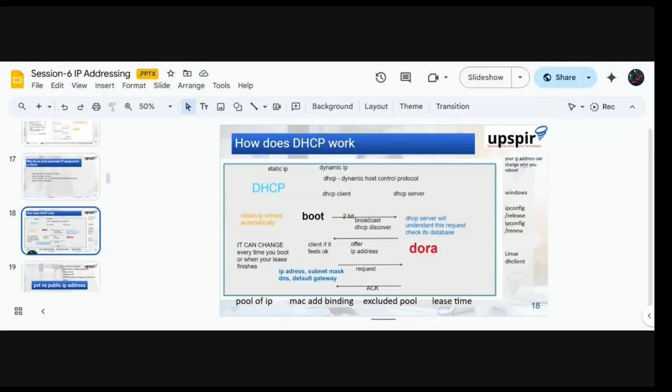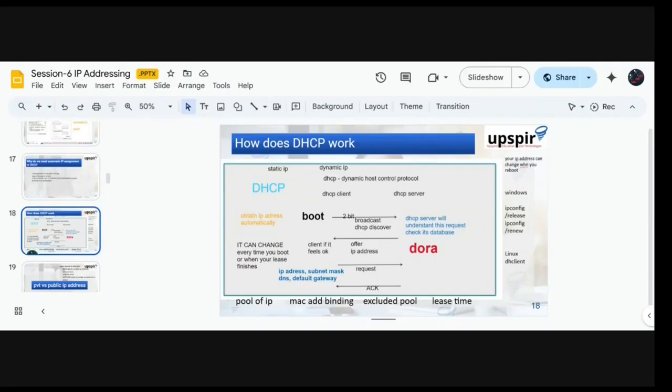As soon as your system receives the offer, it will accept it and generate a request now. The DHCP server will receive this request, and it will give an acknowledgement. What all we can get from the DHCP is the IP address, subnet mask, DNS server IP, default gateway IP, and so on. All this information is automatically received by your system, and it is ready to use.